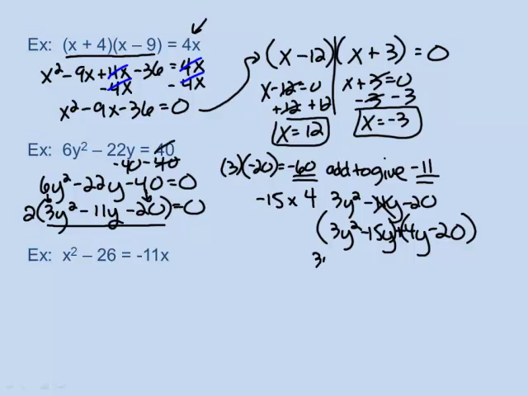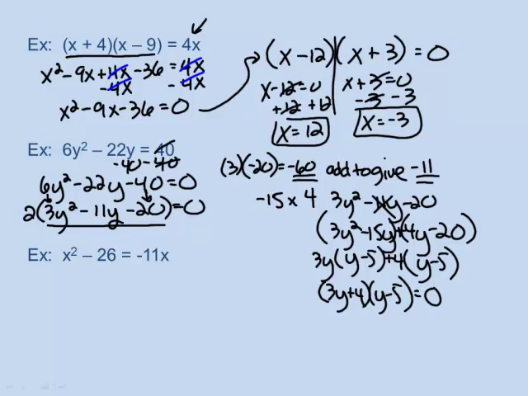We can pull a 3y out of our first group, and that's going to leave us with y minus 5. We can pull a 4 out of our second group, which will also leave us with y minus 5. So now we've got the quantity 3y plus 4 times y minus 5 equals 0, and don't forget in the very first step you factored out that 2 right over here.